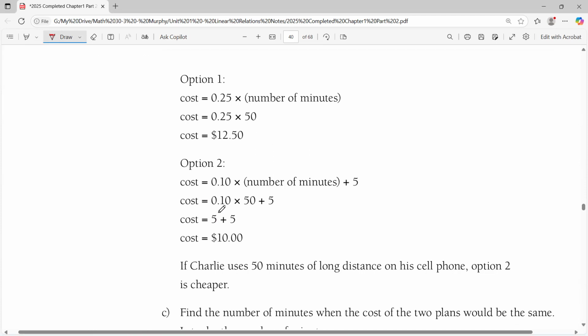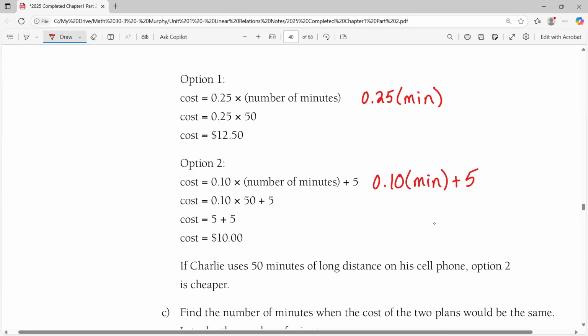Option two, 10 cents times the number of minutes plus 5. And remember, this is the multiply symbol, and I don't want you to put that. I want you to go like this, and just put minutes like that.